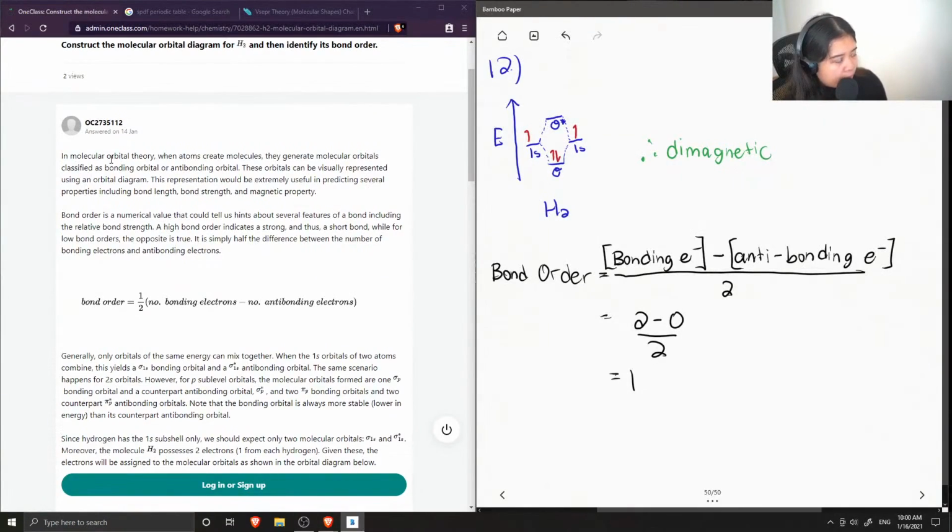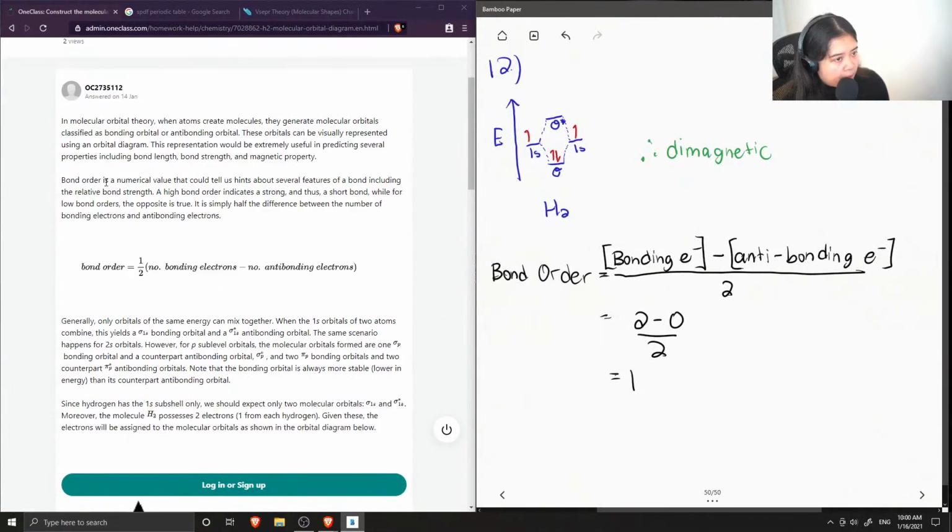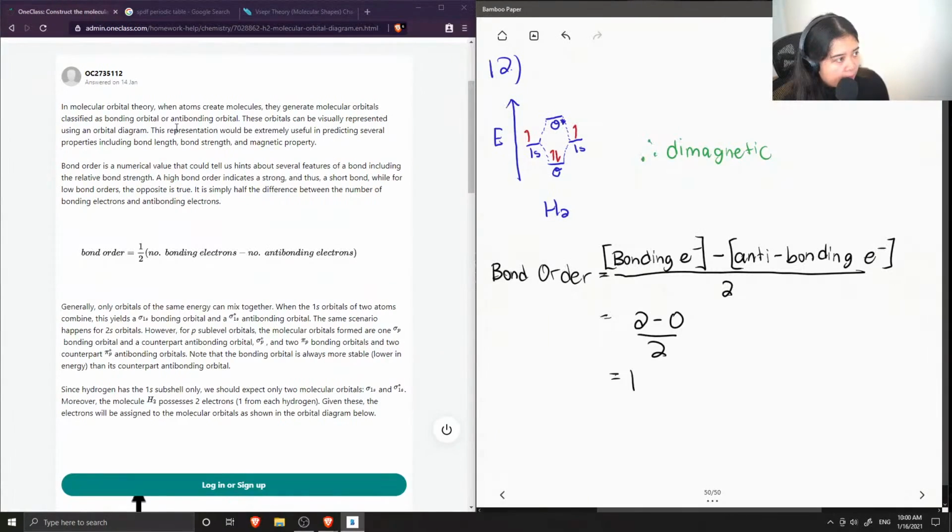In molecular orbital theory, when atoms create molecules, they generate molecular orbitals classified as bonding orbitals or anti-bonding orbitals. These orbitals can be visually represented using an orbital diagram. This representation would be extremely useful in predicting several properties, including bond length, bond strength, and magnetic property.